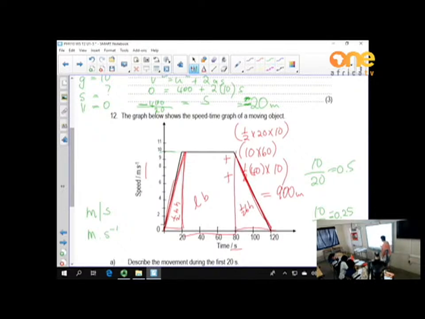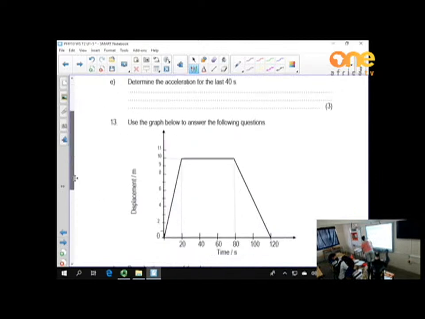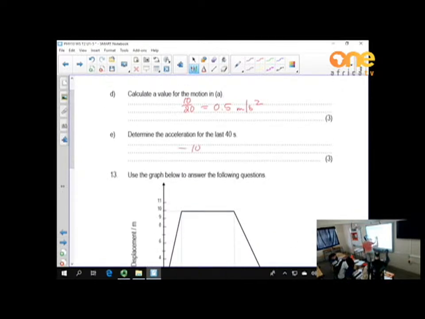It's 10 divided by 40, and it's actually minus 10 divided by 40, so minus 10 over 40 will give me minus 0.25 meters per second squared. Any questions on that? You should be all right with that.